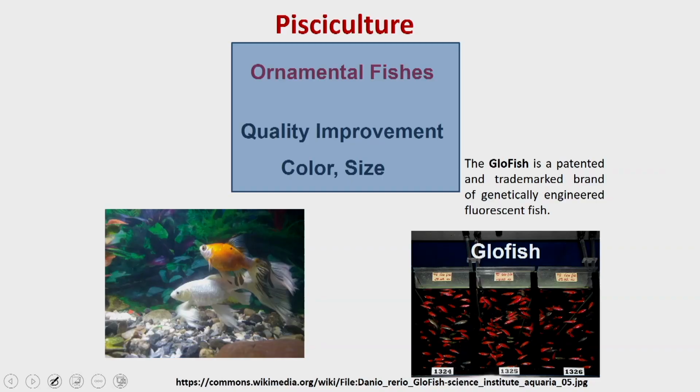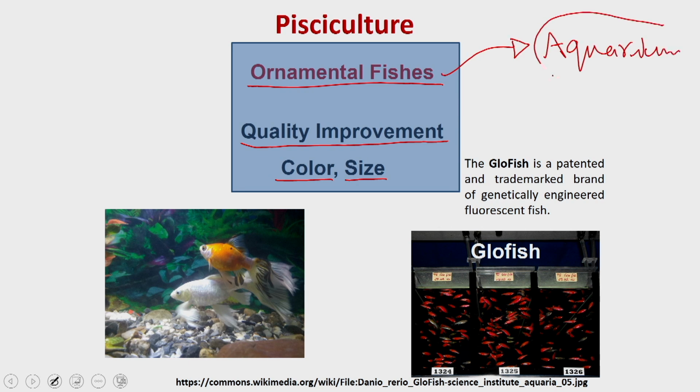Now, in the case of ornamental fishes, you want to improve the quality, which means the color as well as the size. Ornamental fishes are always used in aquariums and they have a very big market, because they are used in the aquarium only for decoration purposes.